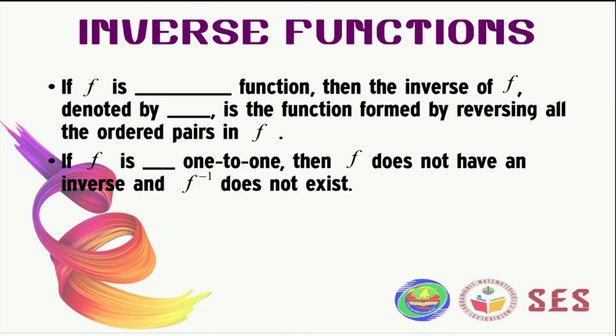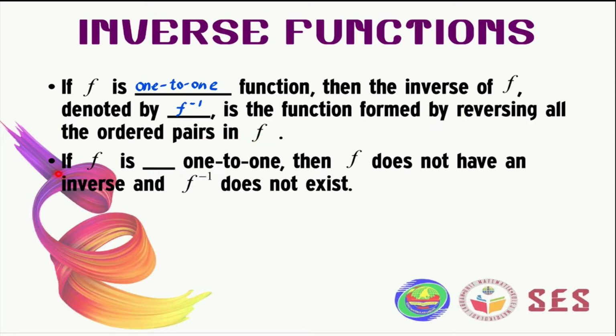If f is a one-to-one function, so please write there one-to-one, then the inverse of f, denoted by f inverse, so this is the way we write f inverse, is the function formed by reversing all the ordered pairs in f.